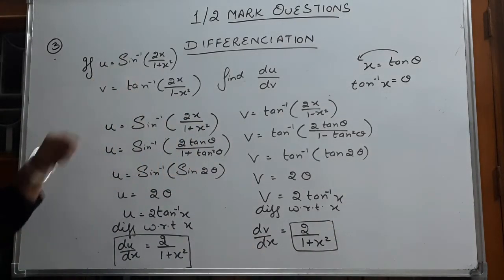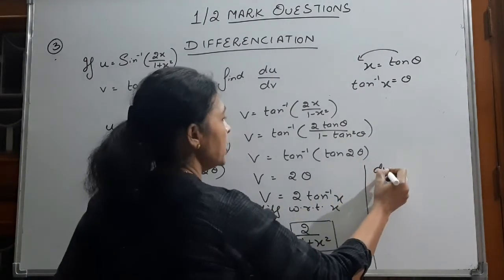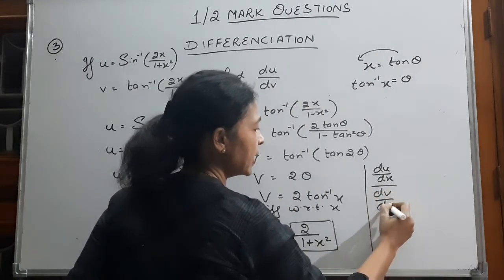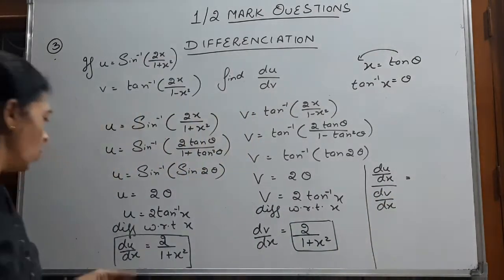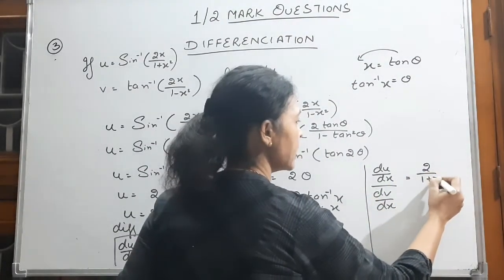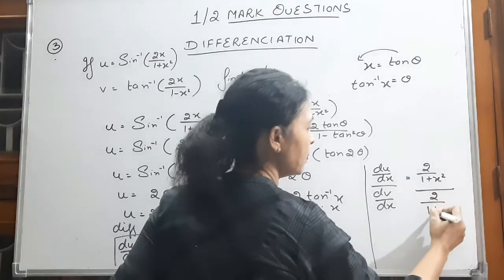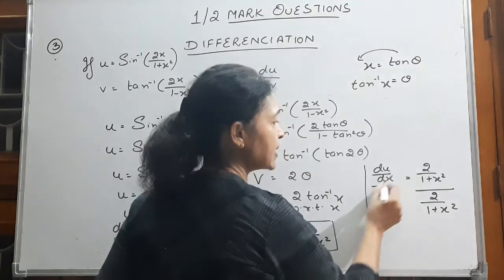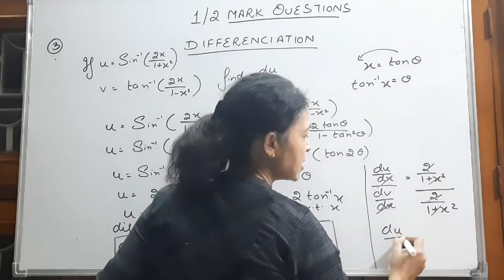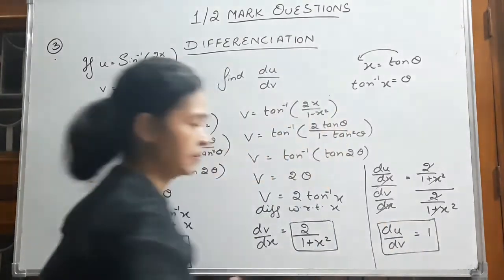We have to find the value of du upon dv. du upon dx upon dv upon dx equals 2 upon 1 plus x square upon 2 upon 1 plus x square. dx and dx get cancelled, and all these get cancelled. The value of du upon dv is 1. Our final answer.